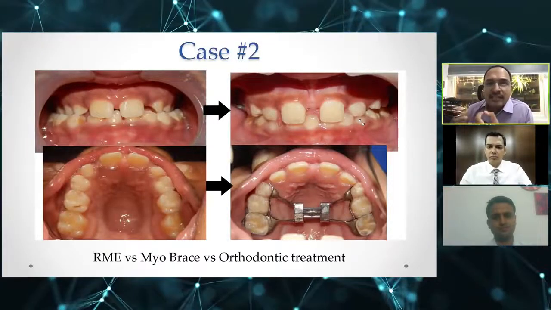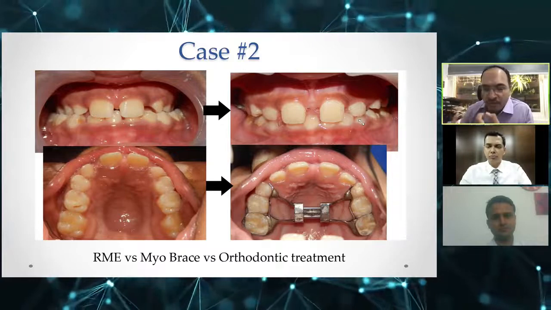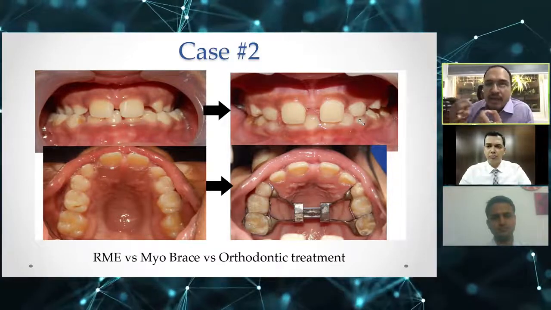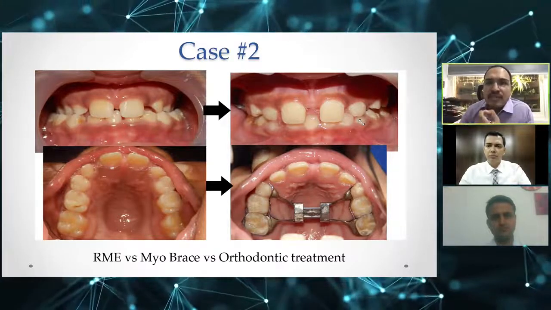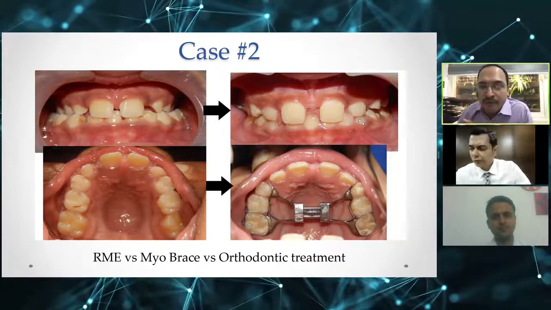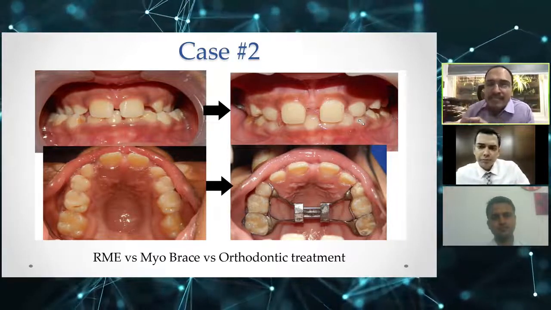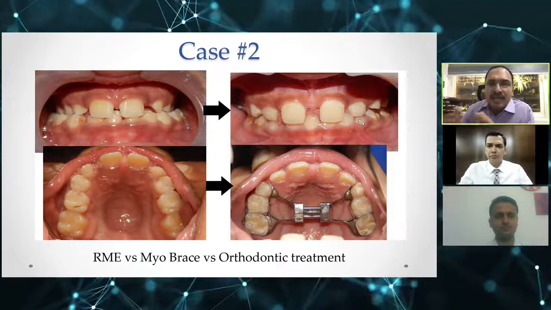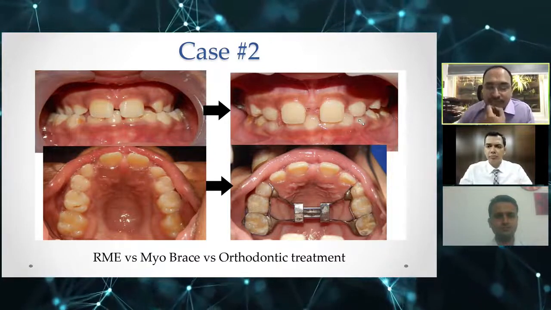In such cases the bone is formed very small, and in those kinds of situations DOME is much more helpful, where it's surgically placed inside the patient's mouth and then the activation is done after that.